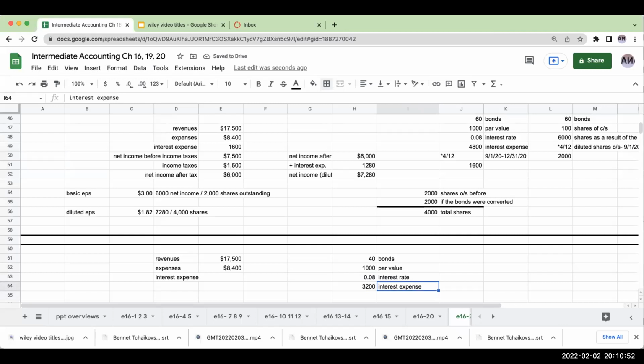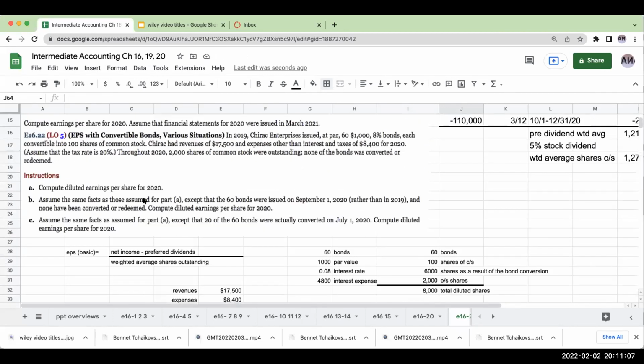Now, for the bonds that were converted, this was also at $1,000 par value, but my interest rate over here I'm going to use 4%. And why am I using 4%? Because the bonds were actually converted on July 1st.